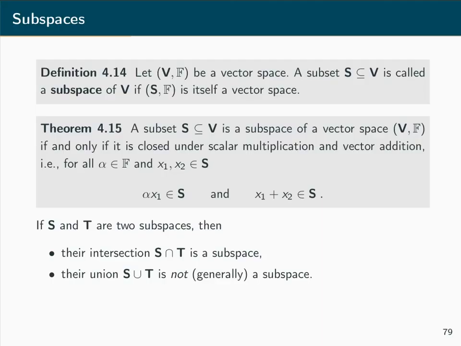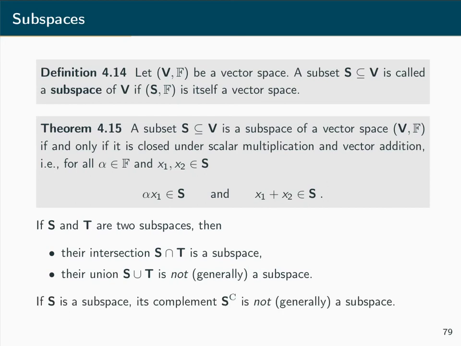Here are some useful facts about subspaces. So let S and T be two subspaces, then their intersection S intersected with T is also a subspace. However, their union, S union with T, is not, in general, a subspace. And if S is a subspace, then its complement, which we write by S with a superscript C, is also not generally a subspace.